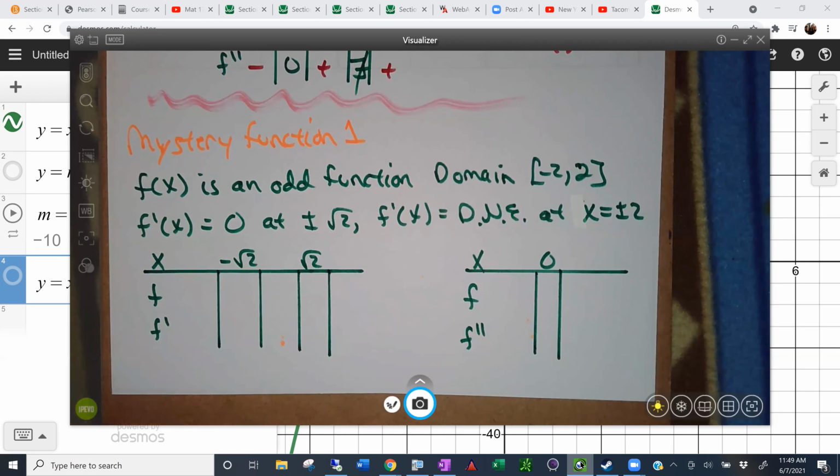So here's some tables. And let me tell you that the sign of the derivative to the left here is negative, positive, negative, positive, and negative here.